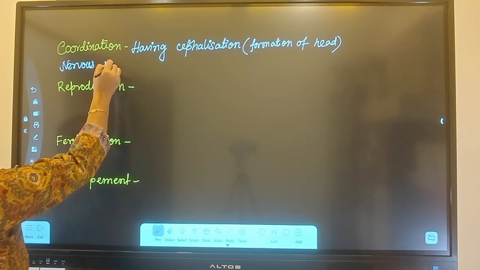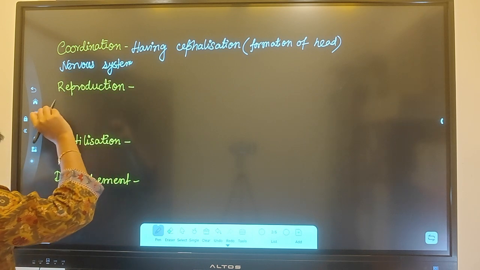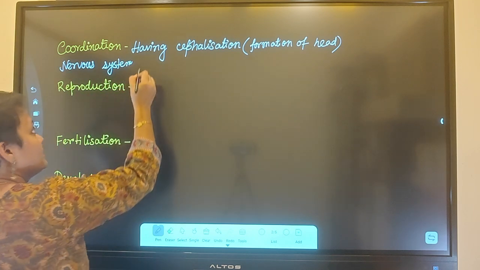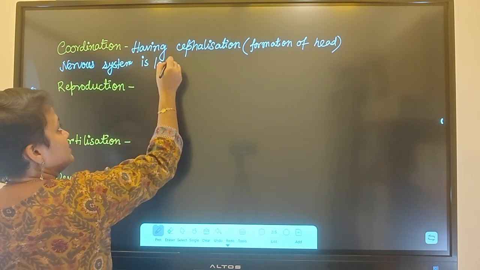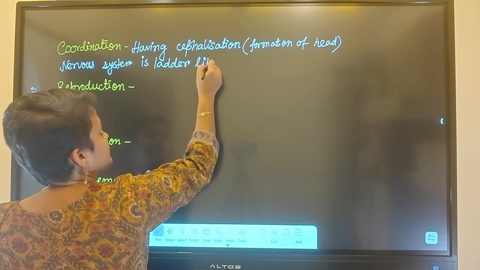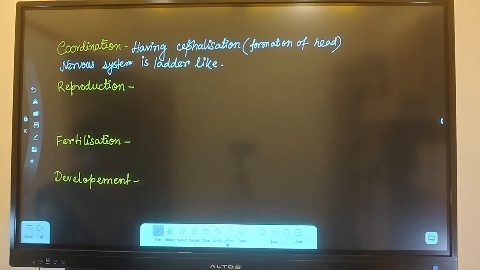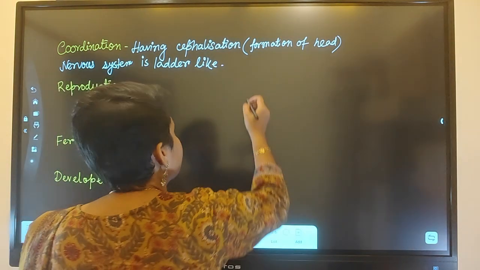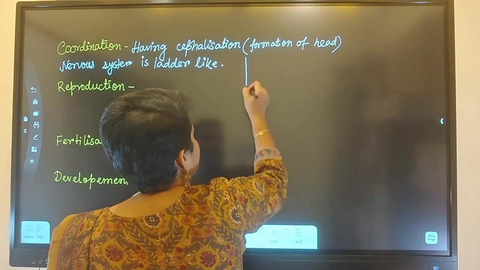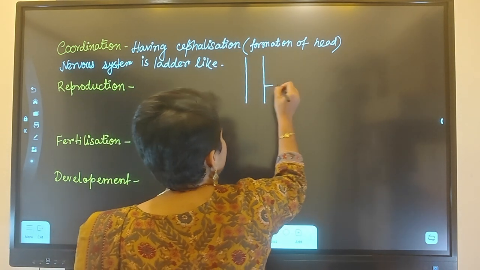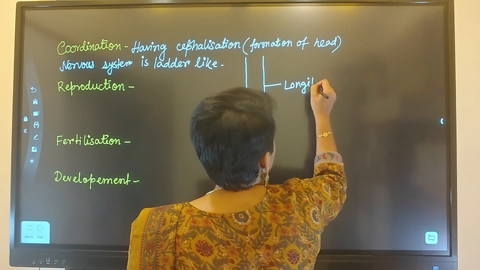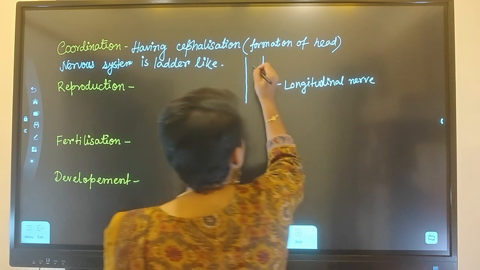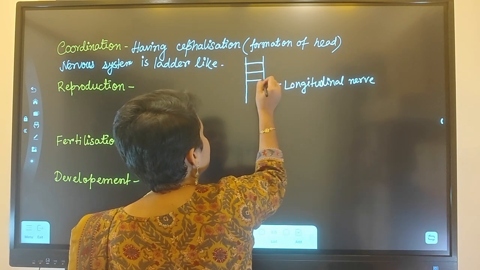The nervous system is ladder like, meaning there will be transverse commissures and longitudinal nerves. It will be like this. This is the longitudinal nerve, and it is connected through transverse commissures.